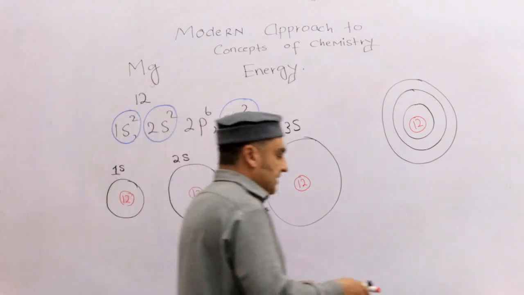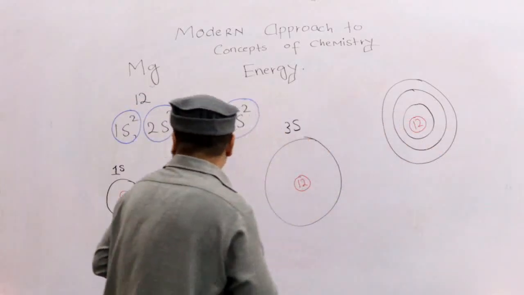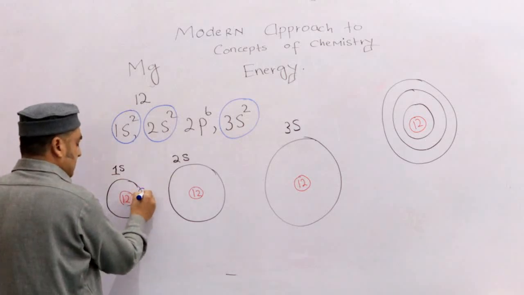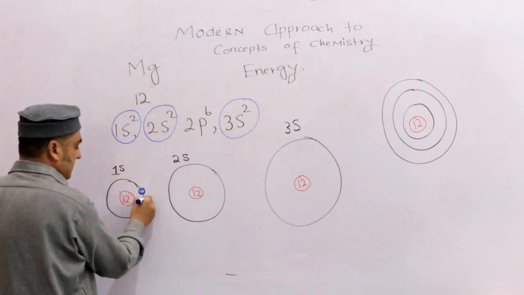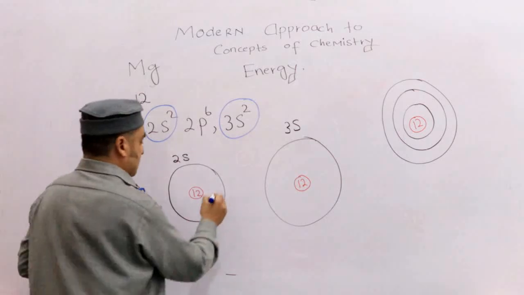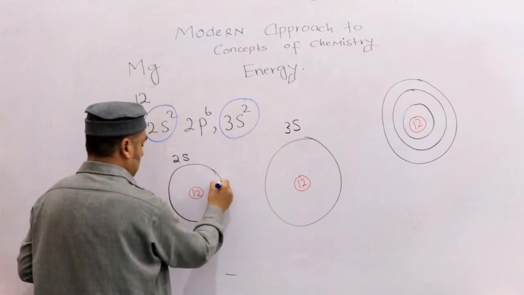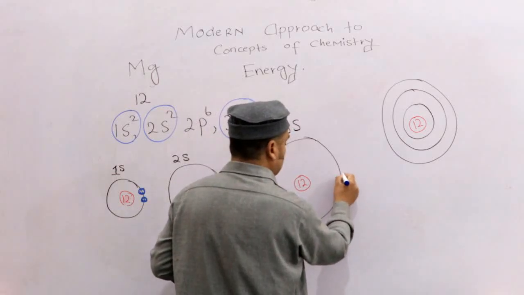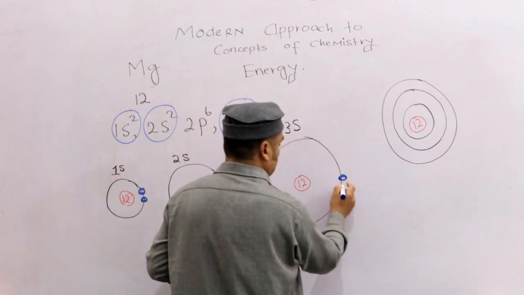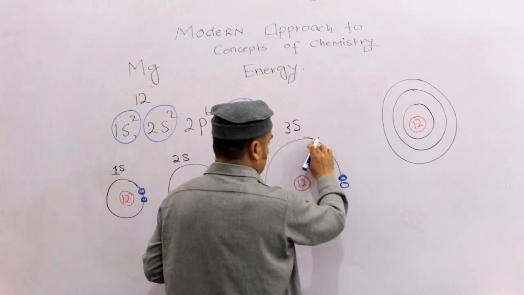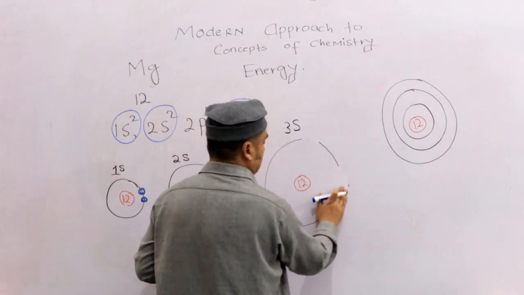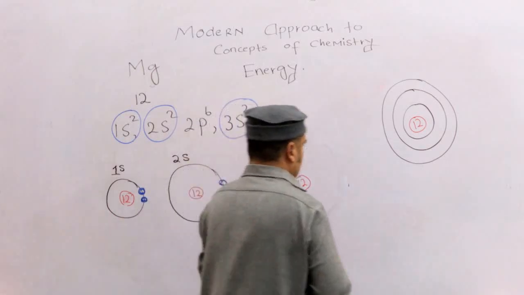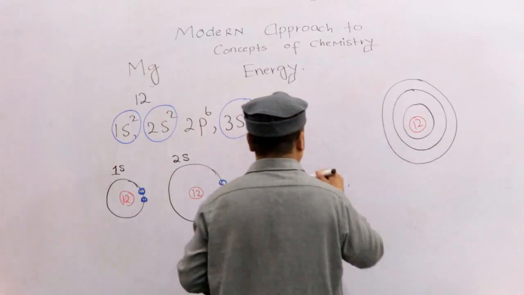So let me write other things. These blue balls are electrons. It is a little bit oblong, let me draw it in a little more correct way.